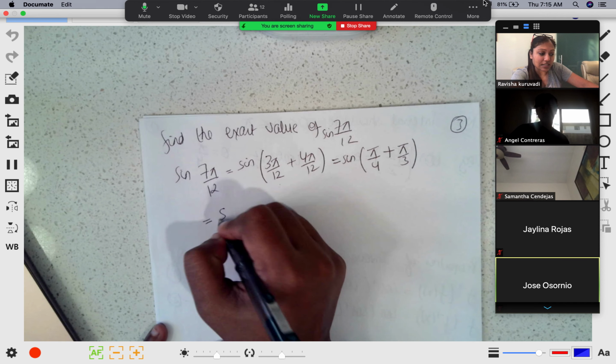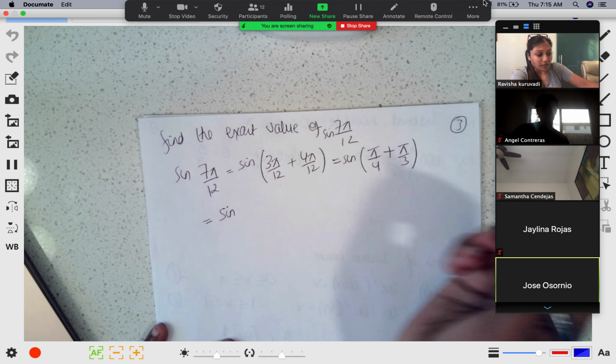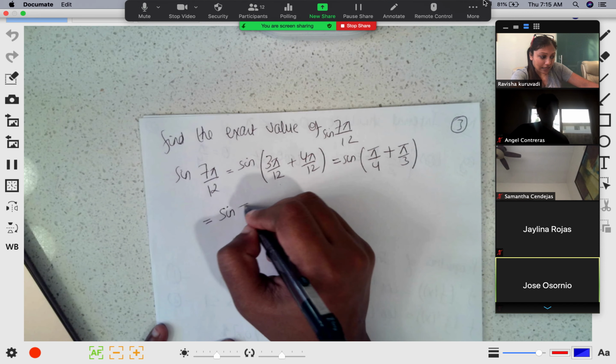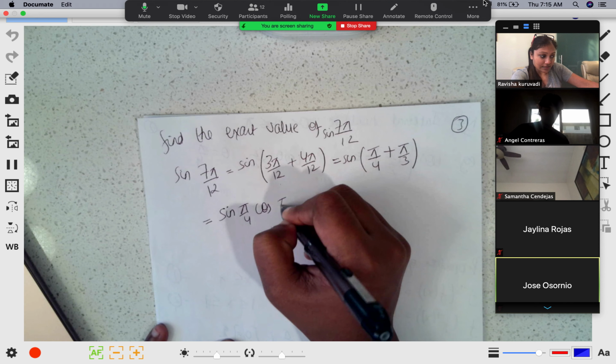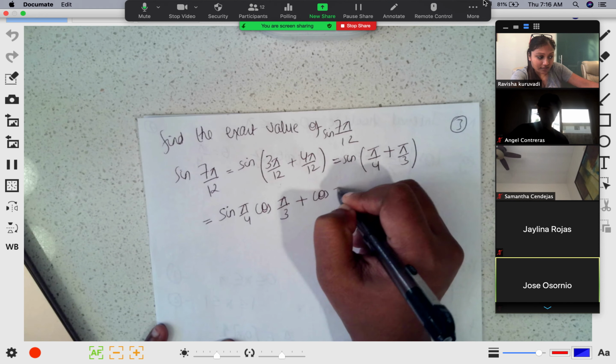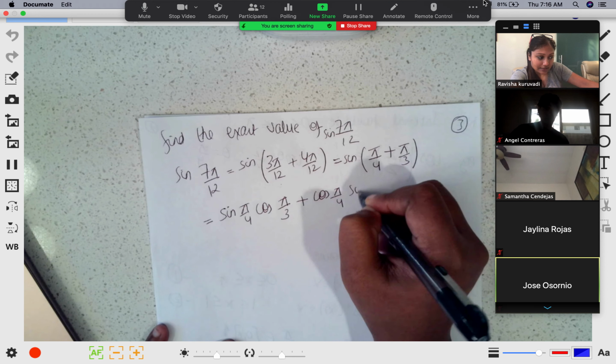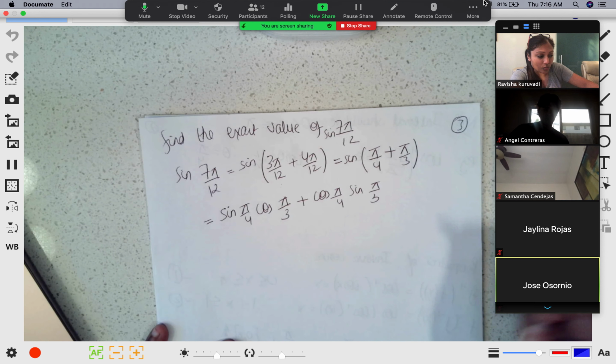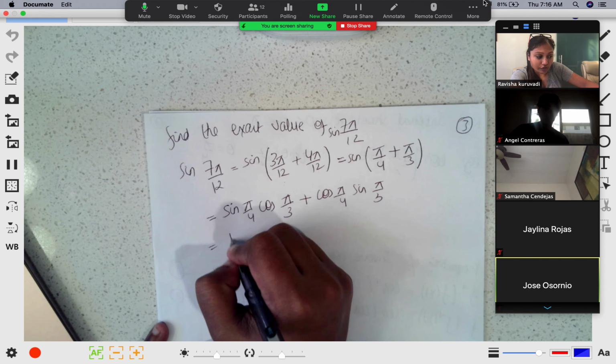It becomes sine pi by 4 cosine pi by 3. Since it's a plus sign, I'm going to put a plus sign. Then cosine of the first angle, sine of the second angle. And you plug in the values, which is root 2 over 2.